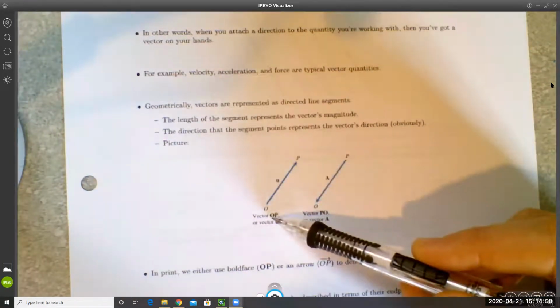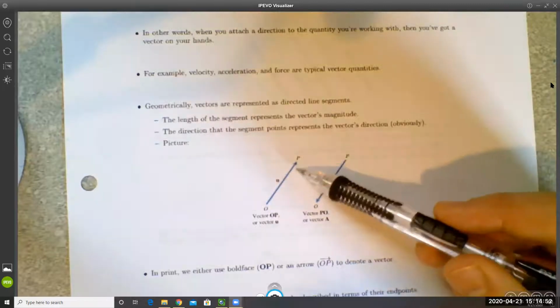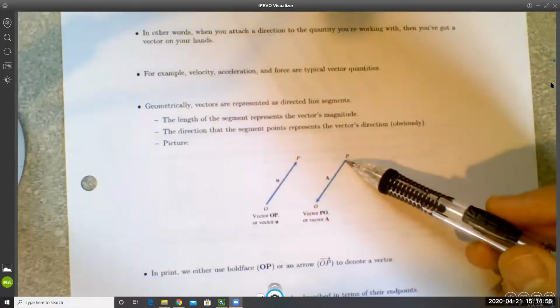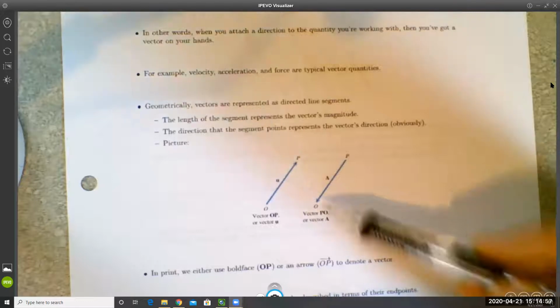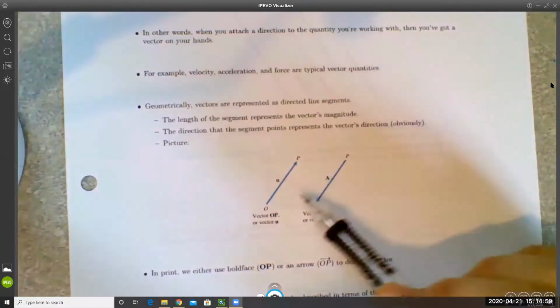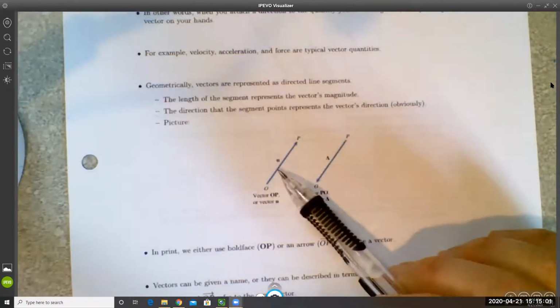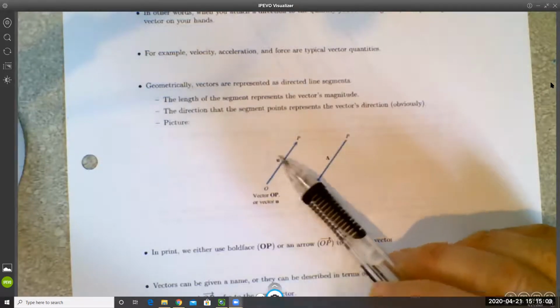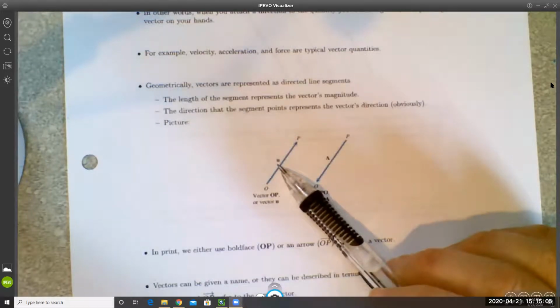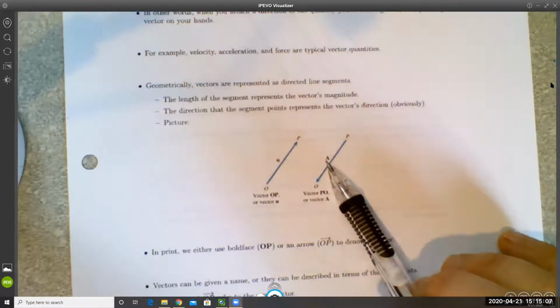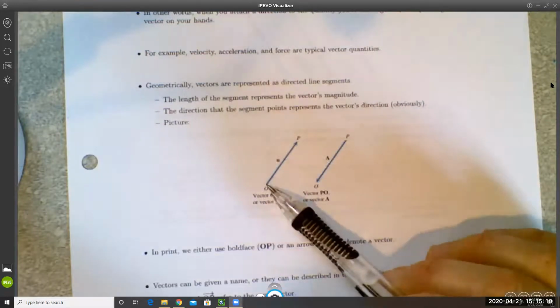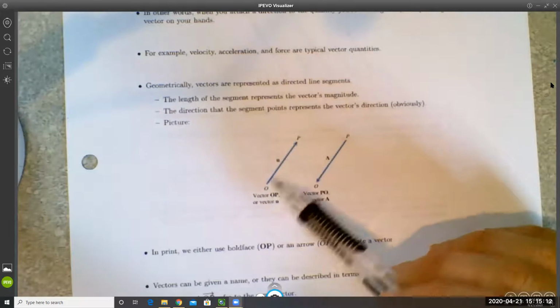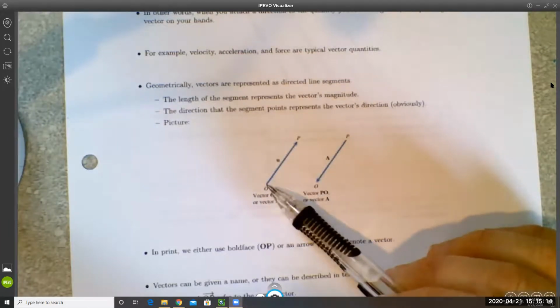We start with the initial point O and then end with the terminal point P. This would be vector PO then, right? And so we can call vectors either by some name that we give them, so in this case, we might call this one vector U and this one vector A, or we might describe them by their endpoints, so we call this one OP and this one PO.